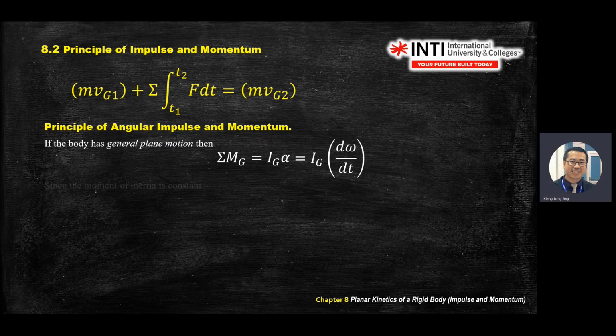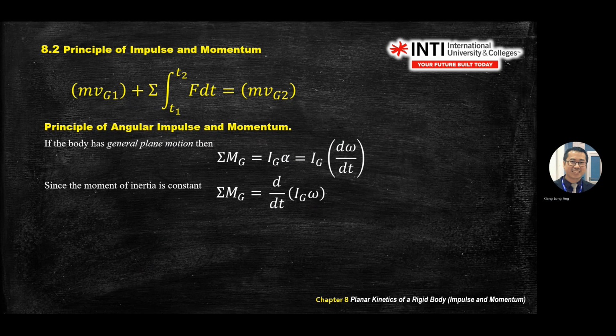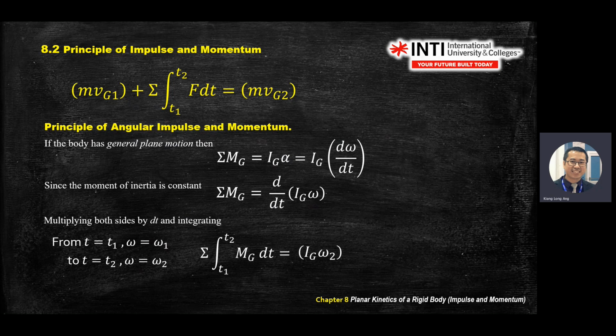So you take omega divided by t. We are deriving the equation now. So you do the same. You pull the dt out. You have I omega. Then you pull the dt to the left hand side. You integrate the equation. Right? You will get this one. So M_G t give you one term, and then I omega.